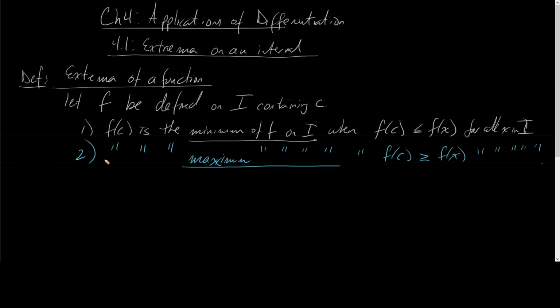Some value f of c is the maximum of the function on an interval I when that value is greater than or equal to the rest of the function throughout that interval.